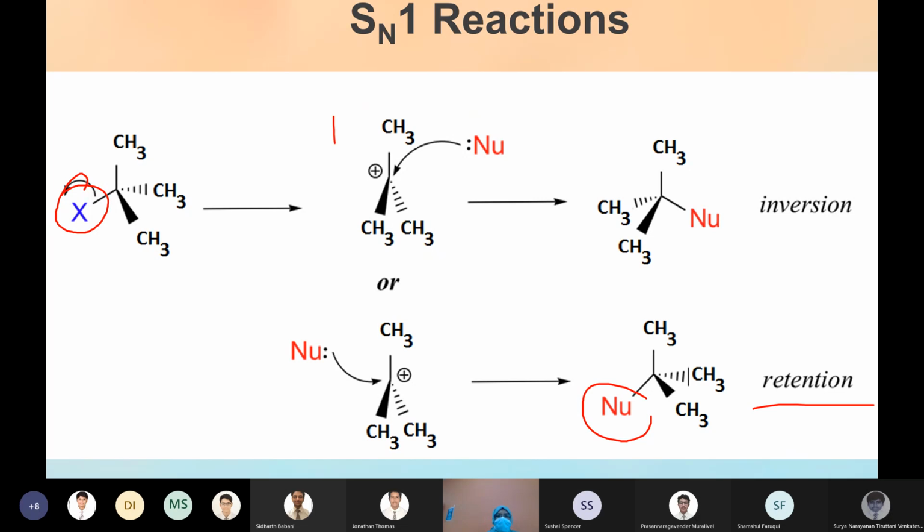In the first step, it is the formation of a carbocation. So once the carbocation is formed, the nucleophile has two choices to attack the carbon, either in the same direction of the leaving group or in the opposite direction of the leaving group. So inversion and retention are possible.